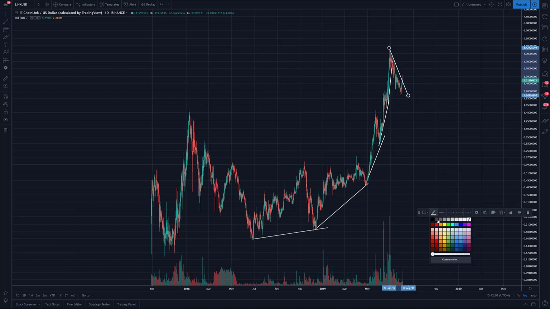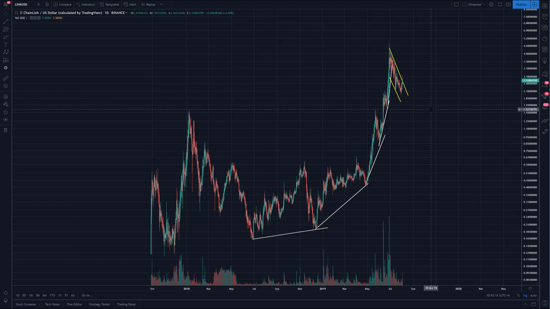In this case, this pattern shows a potential bull flag that's forming. A bull flag is a downward pointing channel of price action that looks to be breaking out, which is bullish. But let's also add Fibonacci to this.